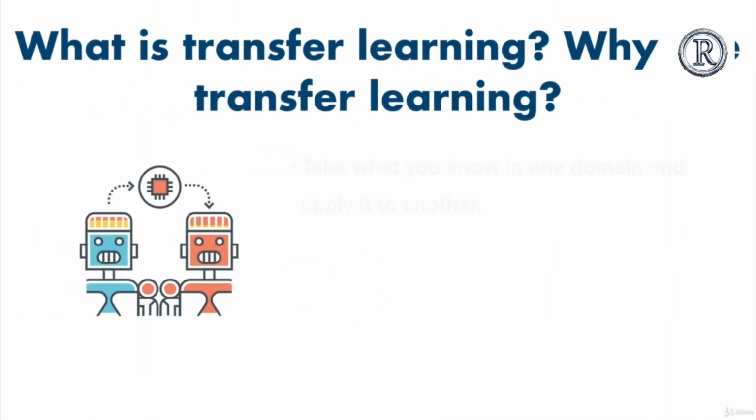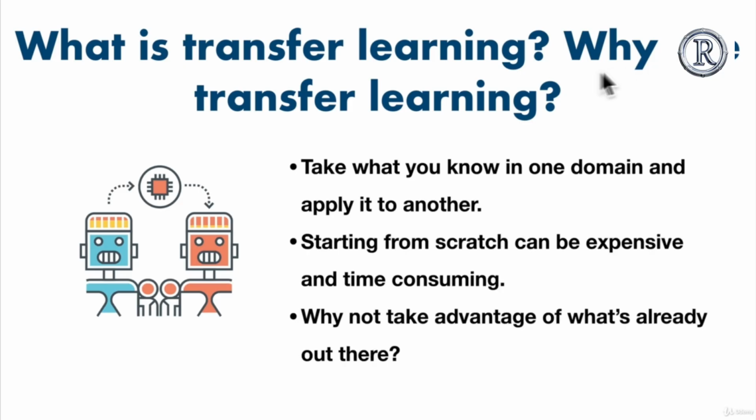Okay, and we mentioned transfer learning before. So what is transfer learning and why should we use it? Well, the main premise of transfer learning is taking what you know in one domain and applying it to another. If you're training a machine learning model to pick up different dog breeds in images, and you're trying to train a model from scratch, that can be both expensive and time consuming.